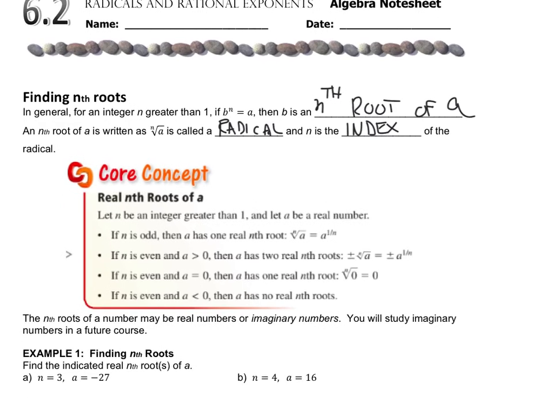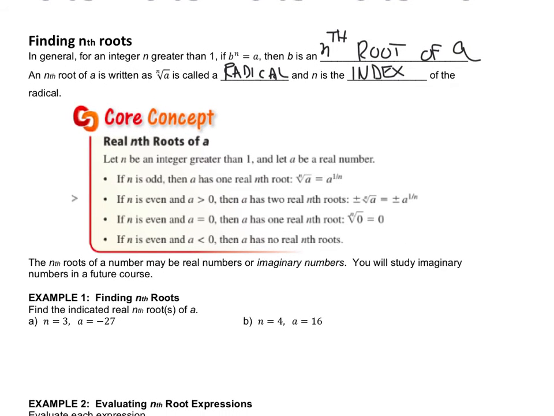Number one, the nth root of a. If the n is odd, there's only going to be one real nth root. If the n is even and a is greater than 0, there'll be two answers, the positive and the negative.